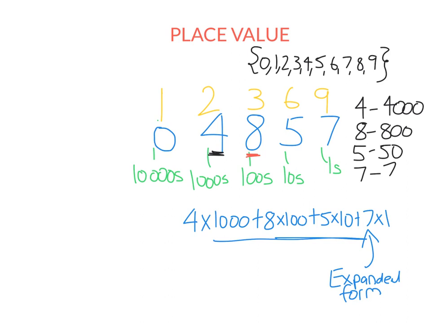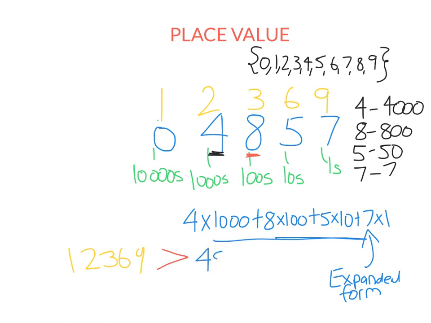So if I want to write this with mathematical symbols, I write 12,369. And this is the symbol I use for greater than. It's like an arrow pointing to the right.